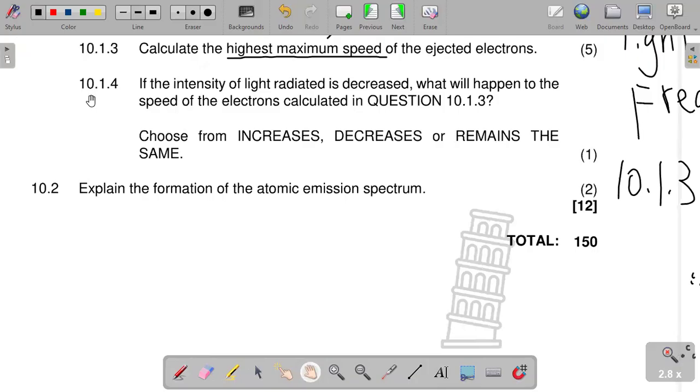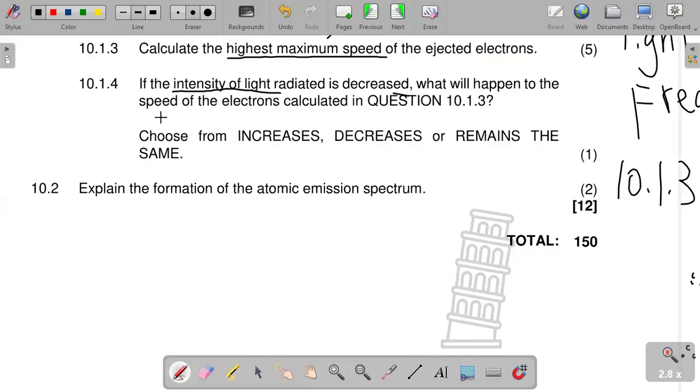Then they say 10.1.4, if the intensity of light radiated is decreased, what will happen to the speed of the electrons calculated in 10.1.3? So what we're changing here is the intensity of light. The intensity of light will have no effect on the speed, like I said in the first lesson. If it's decreased here, it will decrease the current.